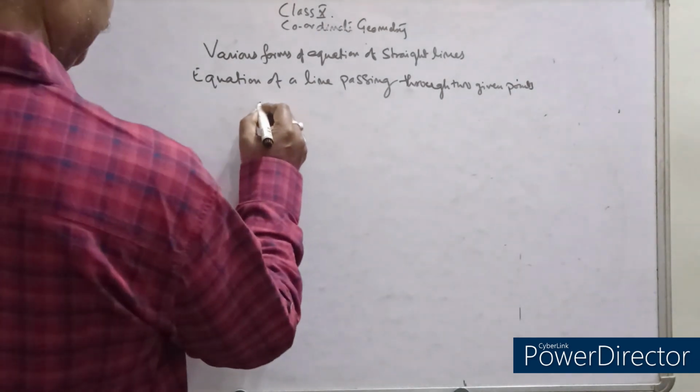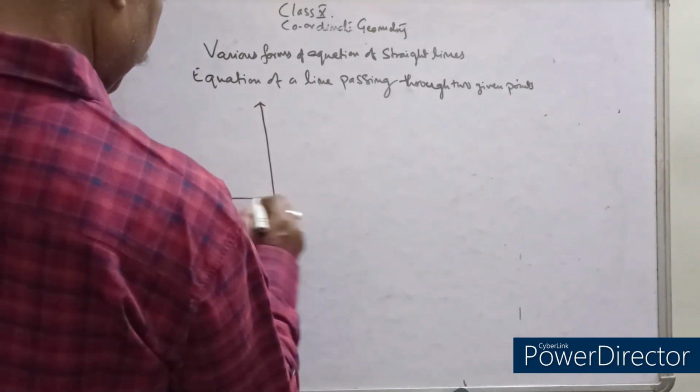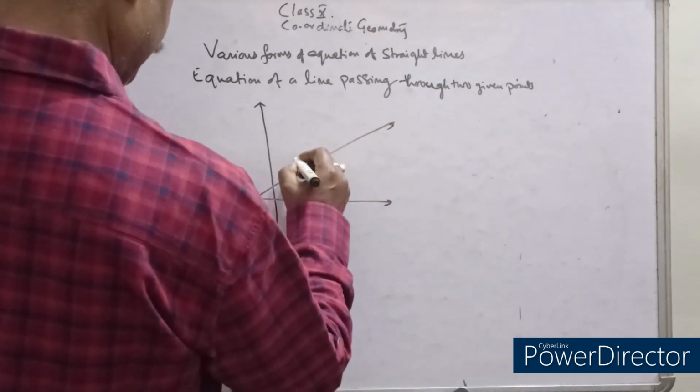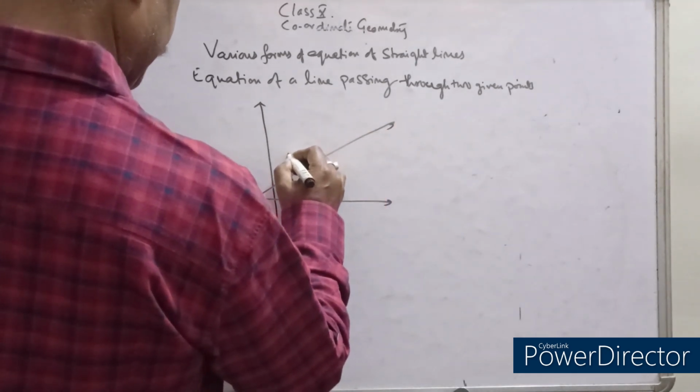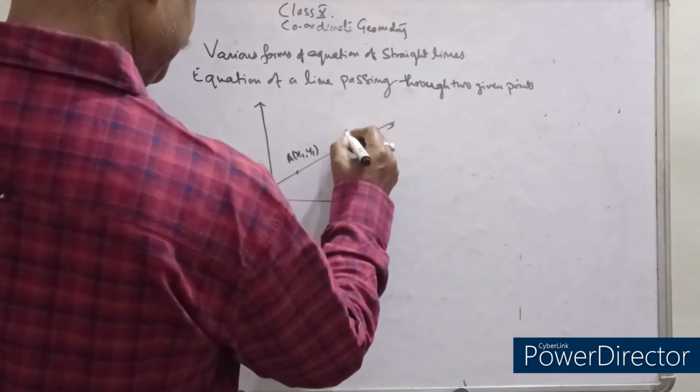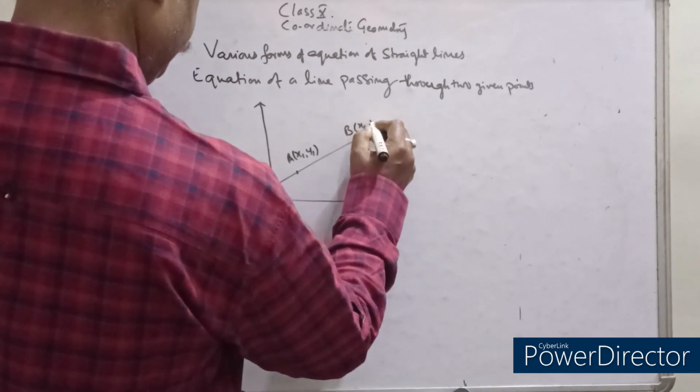So here you see this is the line which is passing through 2 given points, that is A, that is x1, y1, and this is B, that is x2, y2.